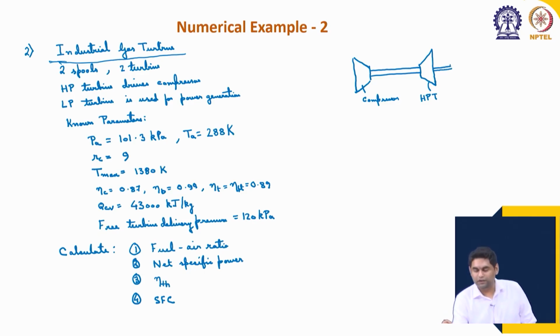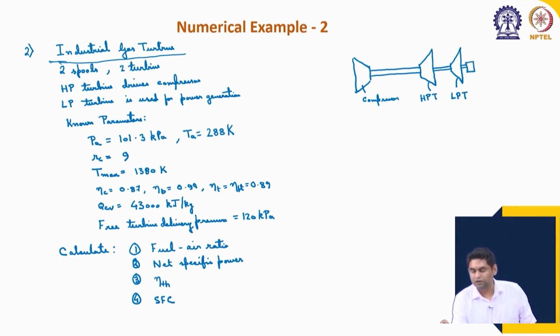So, the main advantage of having this two spool design is that both shafts can rotate at different speeds. On this shaft we have a second turbine mounted. This is known as the low pressure turbine, LP turbine, and the load is mounted.